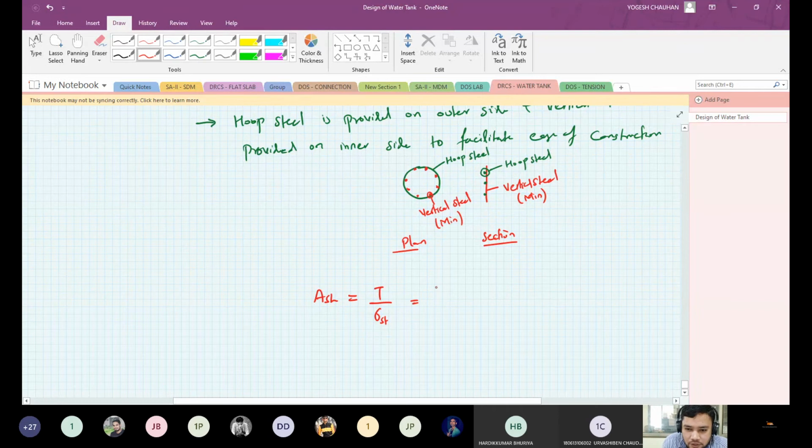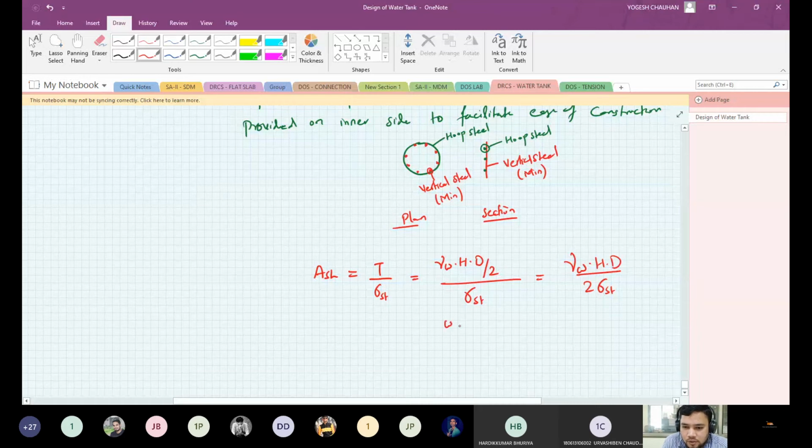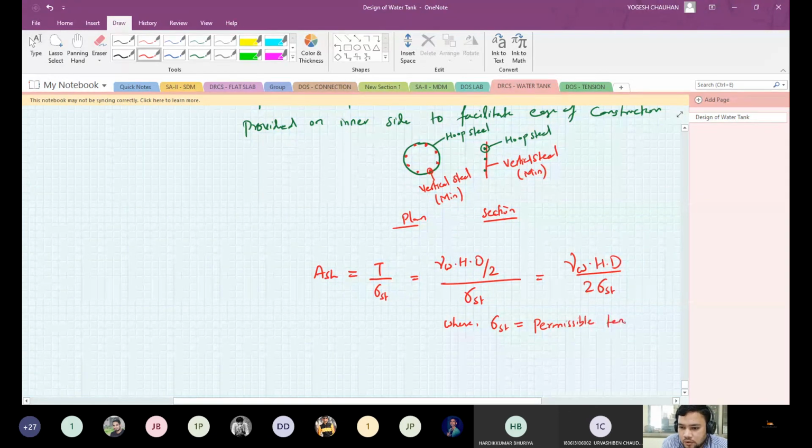So this T is nothing but gamma W times H times D by 2, whole divided by sigma st. From this you can find the amount of the hoop steel, where sigma st is the permissible tensile stress in steel.